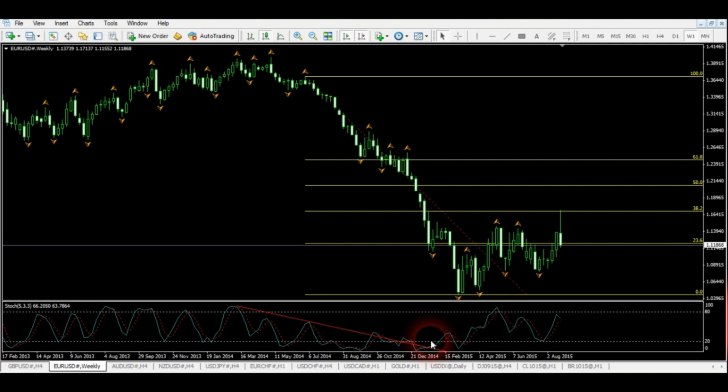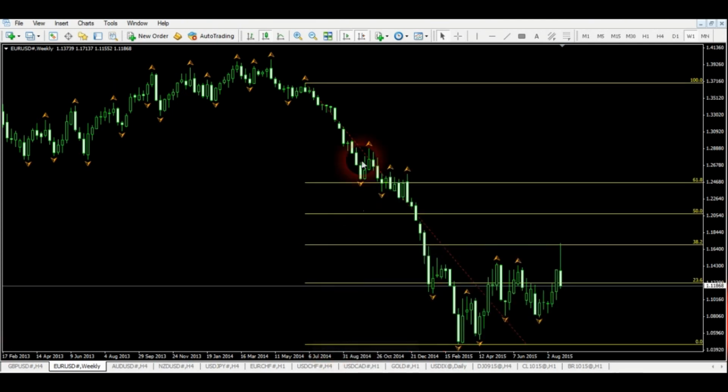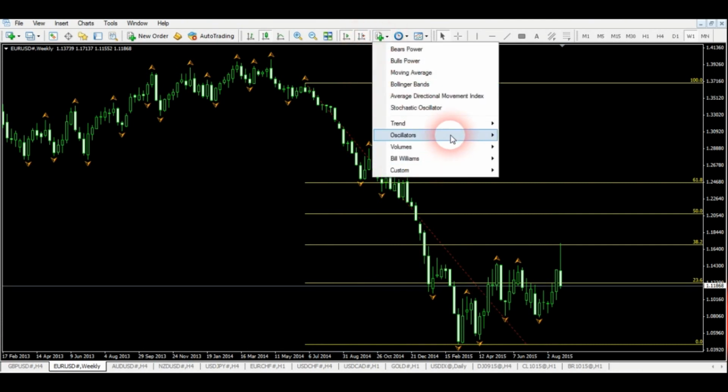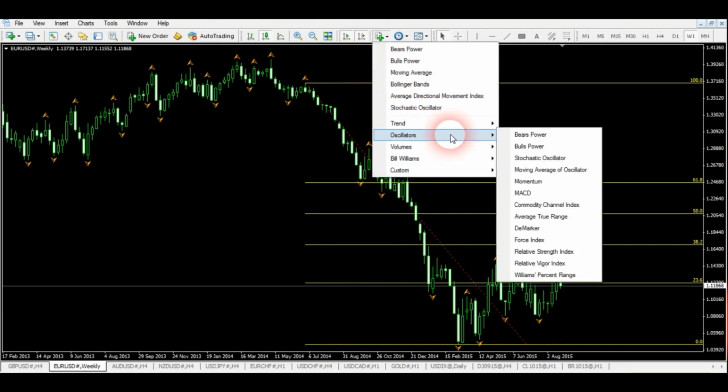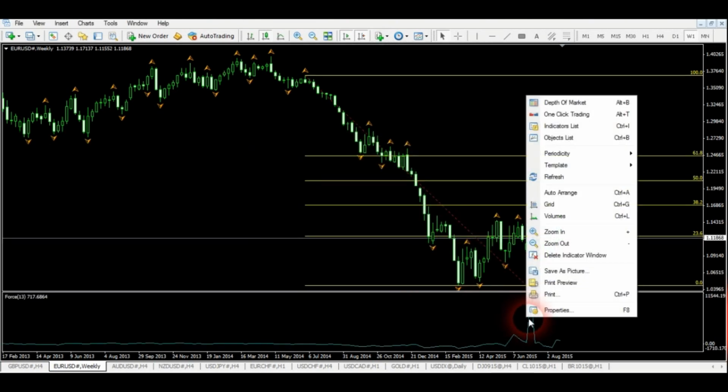You can connect highs to each other, and it shows you how the trend is. Is it an uptrend or a downtrend? Okay. And this is this indicator.